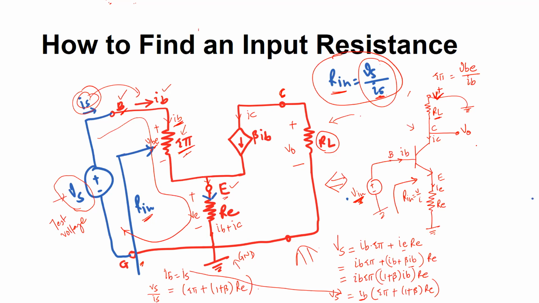So this is how you can successfully find the input resistance of the circuit. If you want to find the output resistance of the circuit, I leave it as an exercise for you. For the output resistance calculation, what you need to do is remove the RL and apply a test voltage Vs again to the collector pin with respect to ground, and then calculate RO as Vs divided by IO.